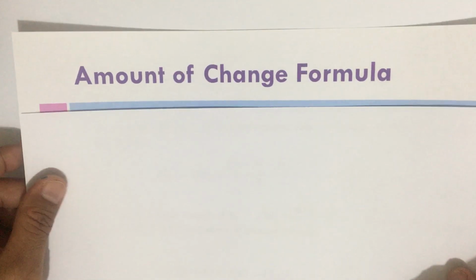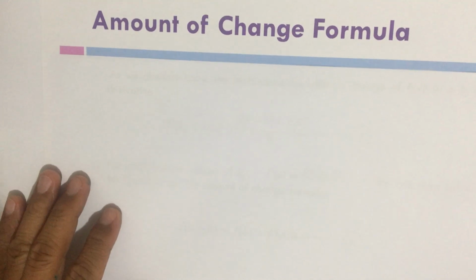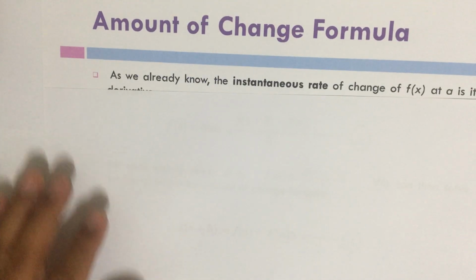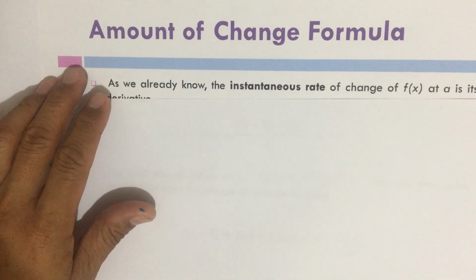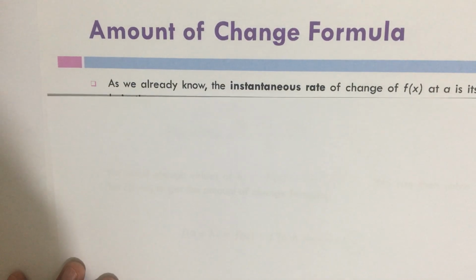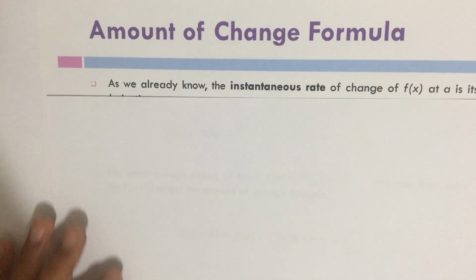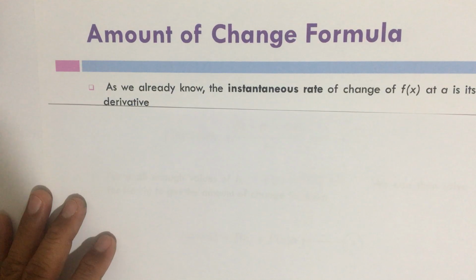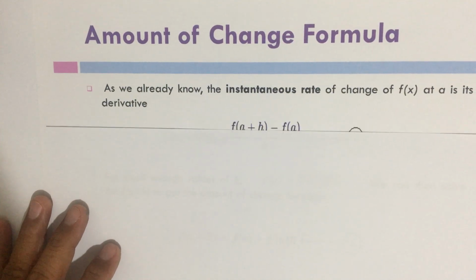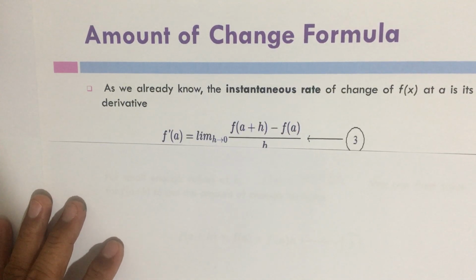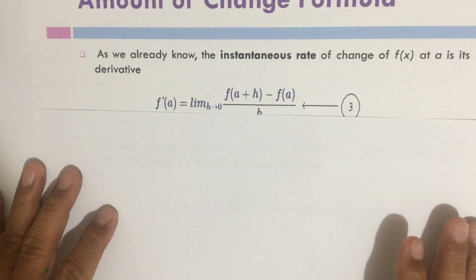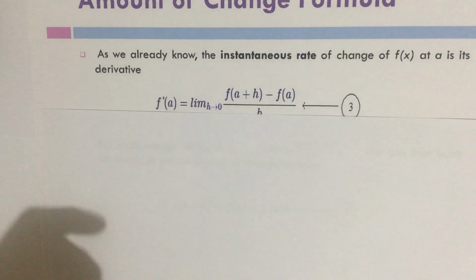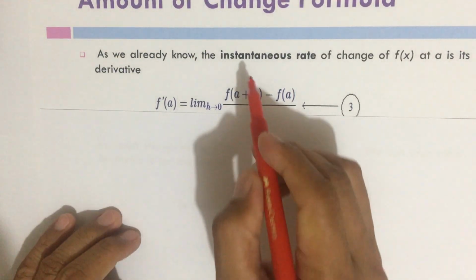Now, as we already know, the instantaneous rate of change of f of x at a is its derivative, and is given by this formula. Remember this instantaneous rate, right?